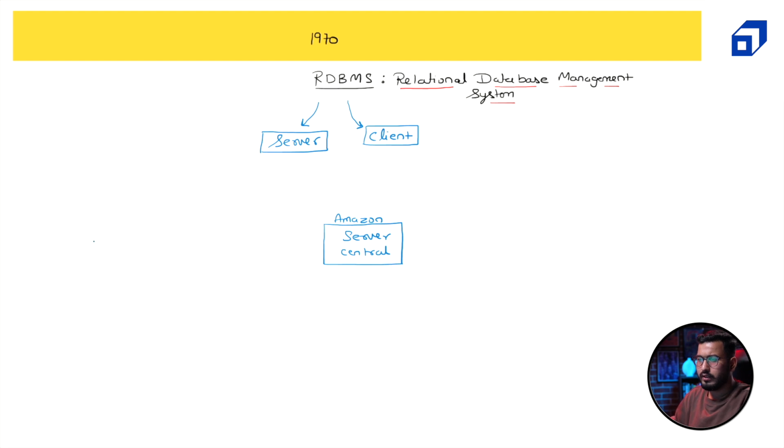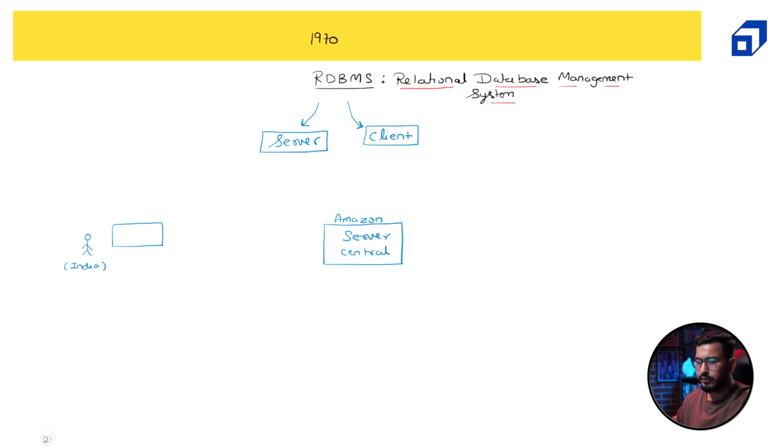Now, here I am sitting in India, and here is my laptop. In order to connect to this particular server, I need a software on top of which I can enter my username and password, and I'll be able to connect to the server.